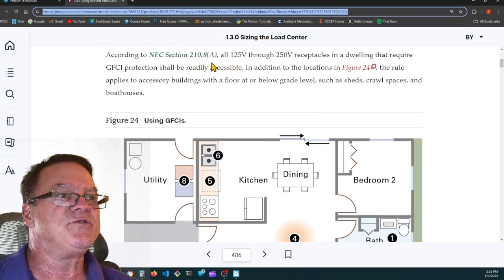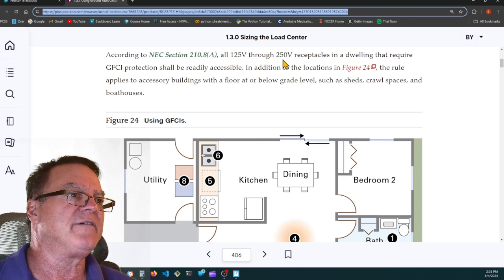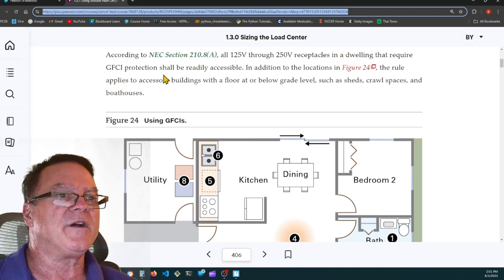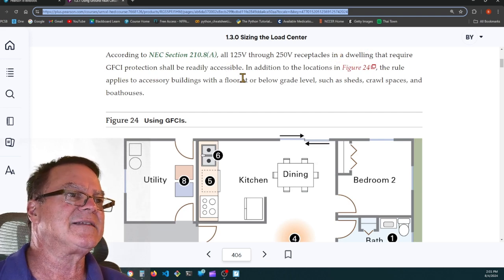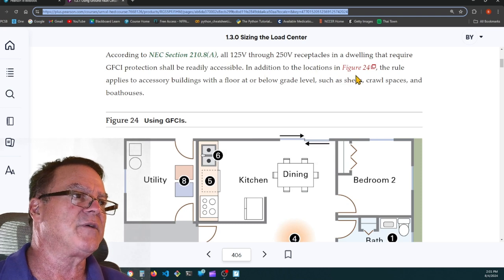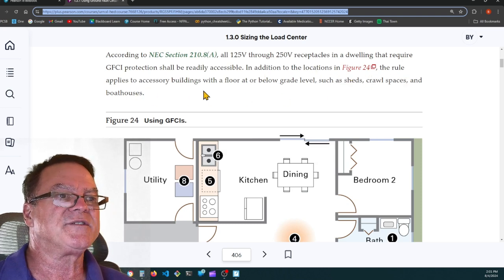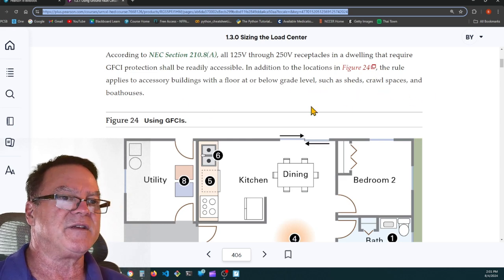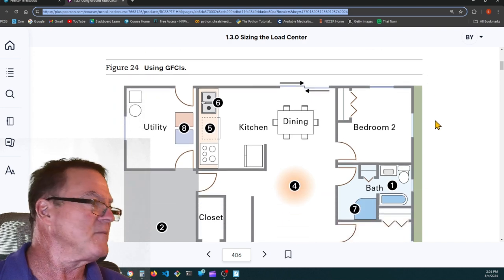According to NEC Section 210.8(A), all 125 volt and 250 volt receptacles in a dwelling that require GFCI protection shall be readily accessible. In addition to the location in Figure 24, the rule applies to accessory buildings with a floor at or below grade level, such as sheds, crawl spaces, and boathouses.